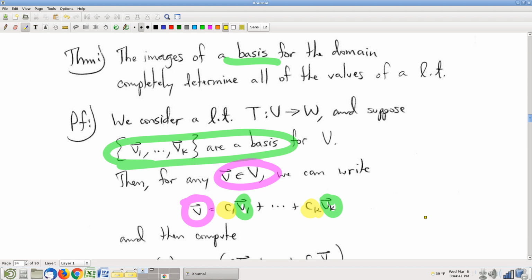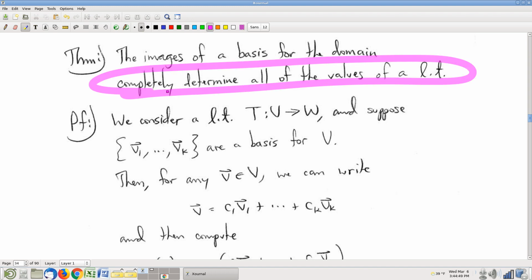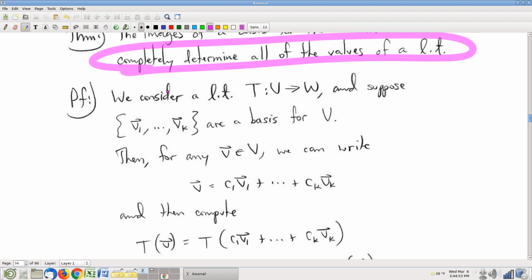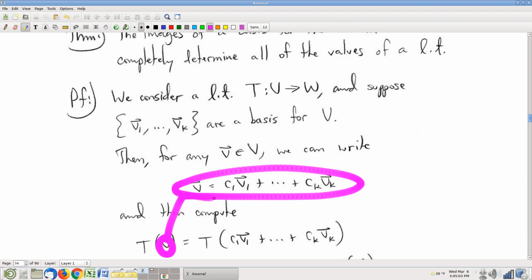Okay, so how does this help me? I'm asserting that I know all the values of the linear transformation. I'm claiming that I can compute T of V for any vector V. Here's how I'm going to do it. This vector V, write it as a linear combination, just like we observed that we can do.